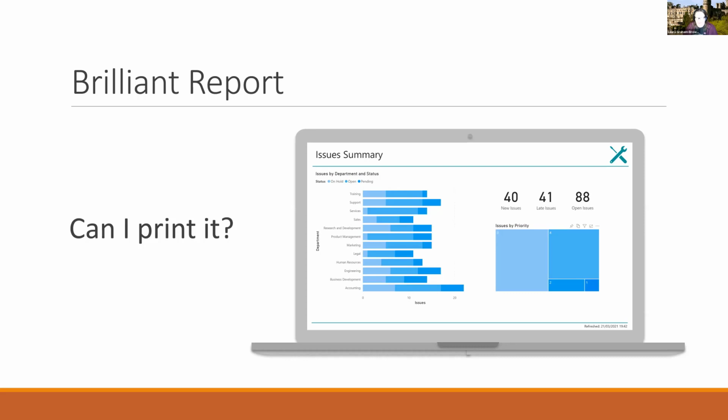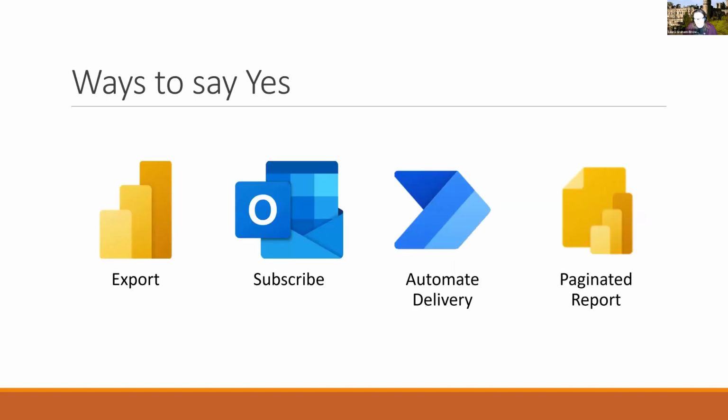So we had to come up with some other answers, and Microsoft have provided a number of ways to do it. Okay. So we're going to have a look at the ways to say yes. The first two are very short demos, an export and the subscribe, and the limitations about what's happening there.